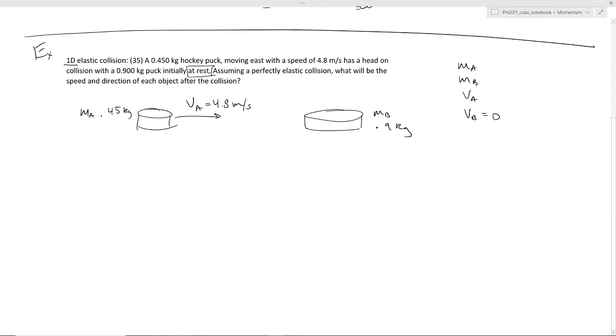What else do we know? Well, since this is an elastic collision, we know that both momentum and kinetic energy are conserved.